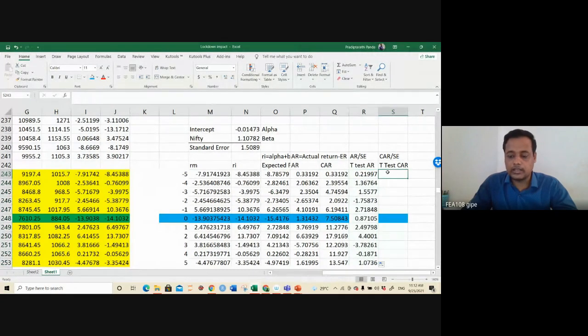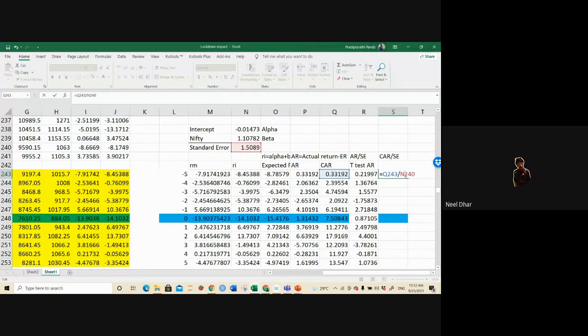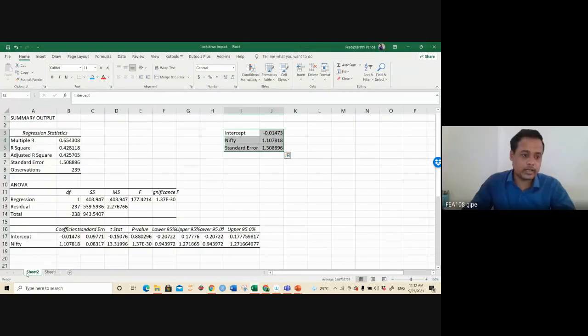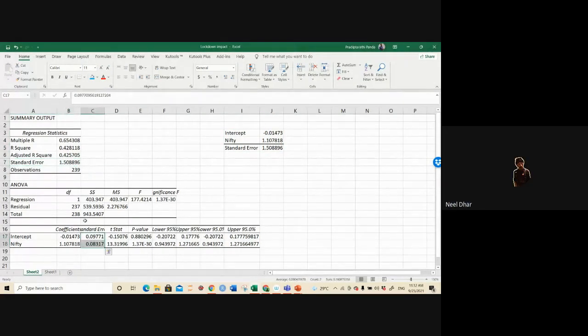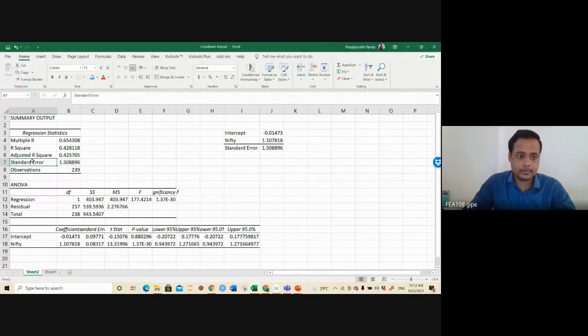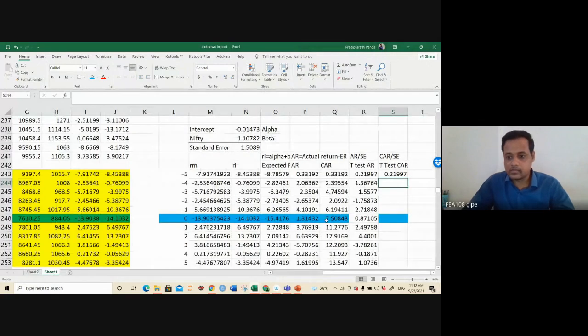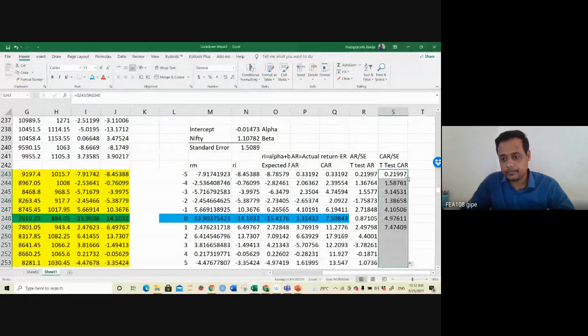Then you come out with t-test for CAR equals CAR divided by again standard error. Freeze that standard error. Just a doubt. There are two standard errors from the regression. Which one should we use? Use the model standard error, this one, not this standard error. All right, sir. Okay. So now you got the t-test for CAR.